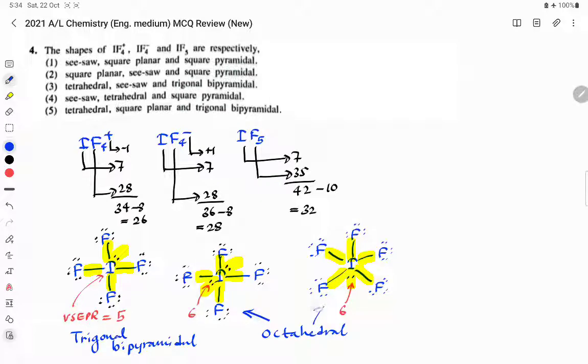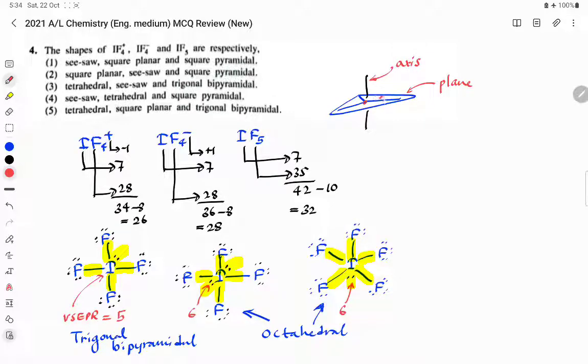Now let's go to the shapes. In order to get the shapes, we have to put the lone pairs. Trigonal bipyramidal puts the lone pair in the plane. The trigonal bipyramidal plane will look like this. There are 3 bonds, 3 repelling units in the plane, and there's an axis here. In this situation, the plane gets the lone pair.